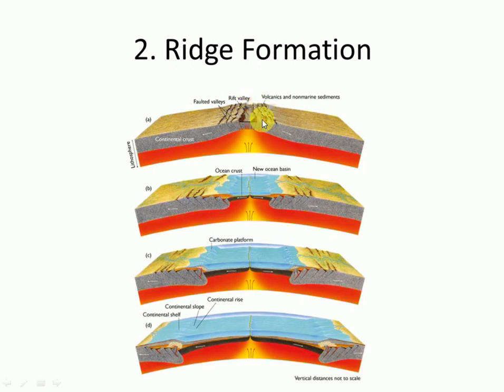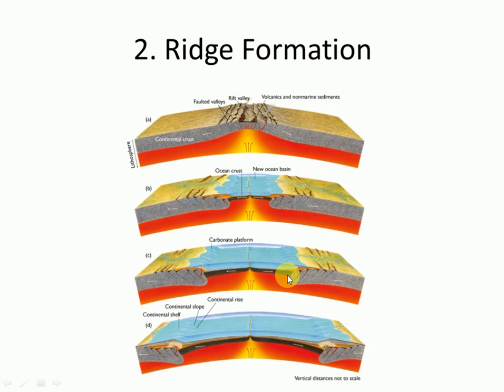Eventually it'll split apart far enough, you can see it's these gray areas here, that new basaltic crust forms at the ridge. This is when it turns into a mid-ocean ridge that's below the ocean. You've actually got new oceanic crust forming here, and you've got a new ocean basin. This becomes wider and wider.